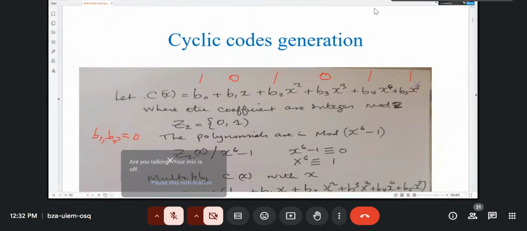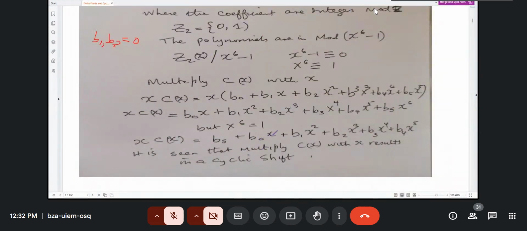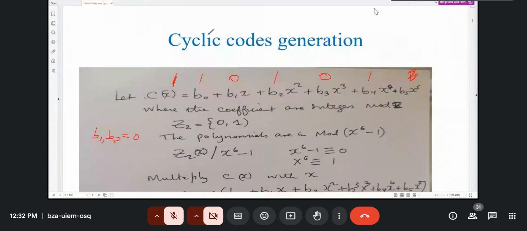Once you move this one here, whatever you're going to have, the first one will be this one, because now this has become b0. You can see it has become b0 x, so it has moved its position to x to the power of 1. So you end up getting a cyclic shift.